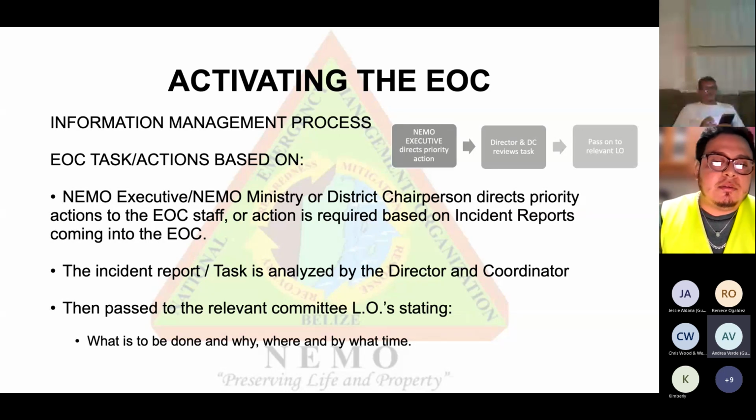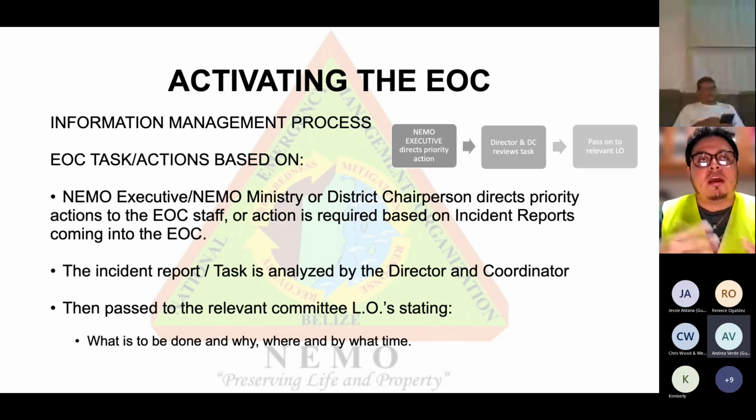And the incident report task is analyzed by the director and the coordinator. So it means that the director and the coordinator must lobby and say, these are the decisions and these are the reports, digest it from there and send it to the national level. Then it is passed to the relevant committees, such as the logistics officer, stating what is to be done and why, where, and by what time.